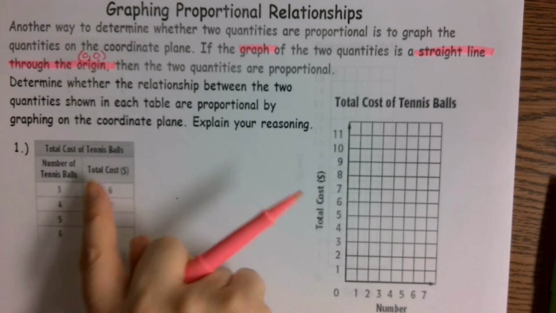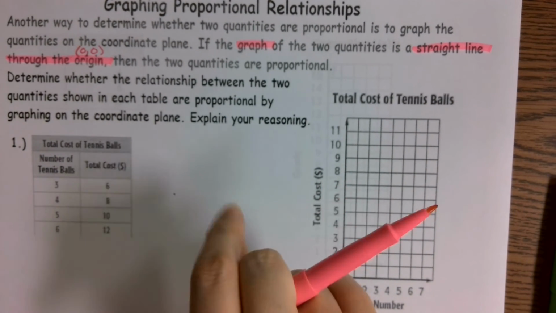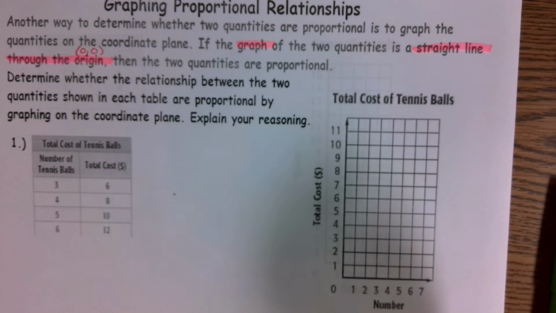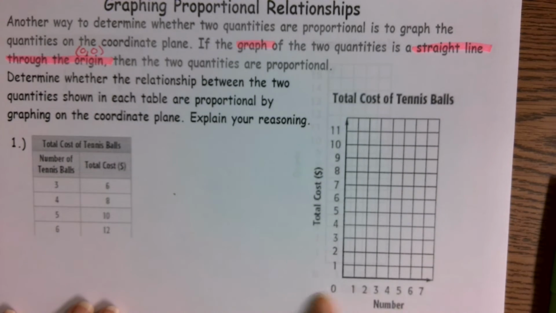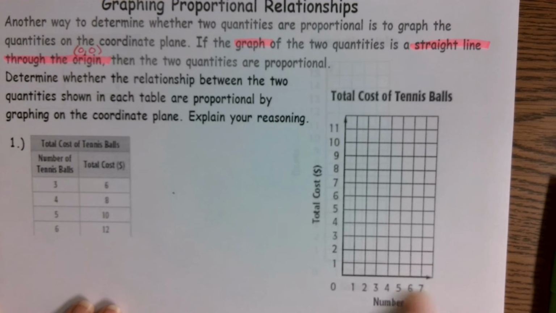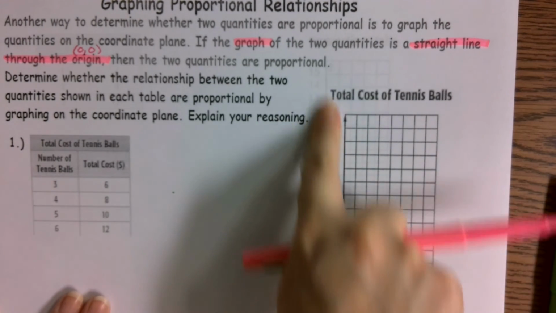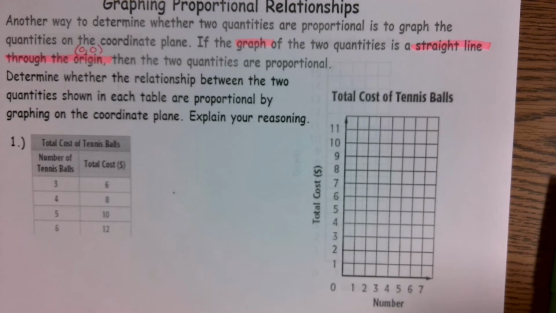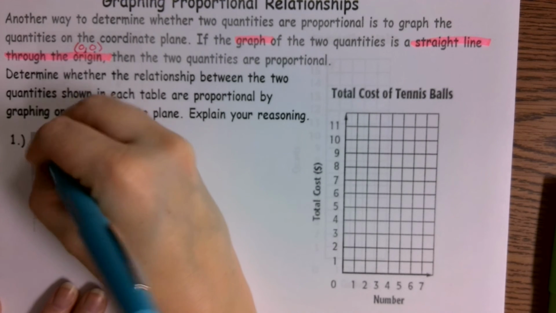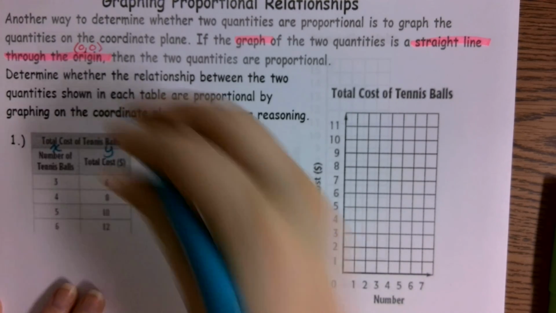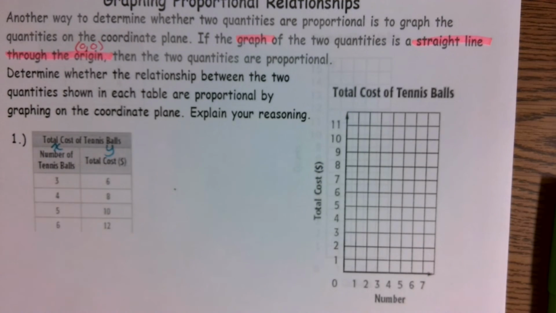Okay? So if we're looking here at this information, we've got tennis balls, how many, and then the cost. So the number of tennis balls is the X value. The total cost is the Y value. What we're going to do is plot these points. So this is our X and this is our Y. We're going to plot those points on the grid.